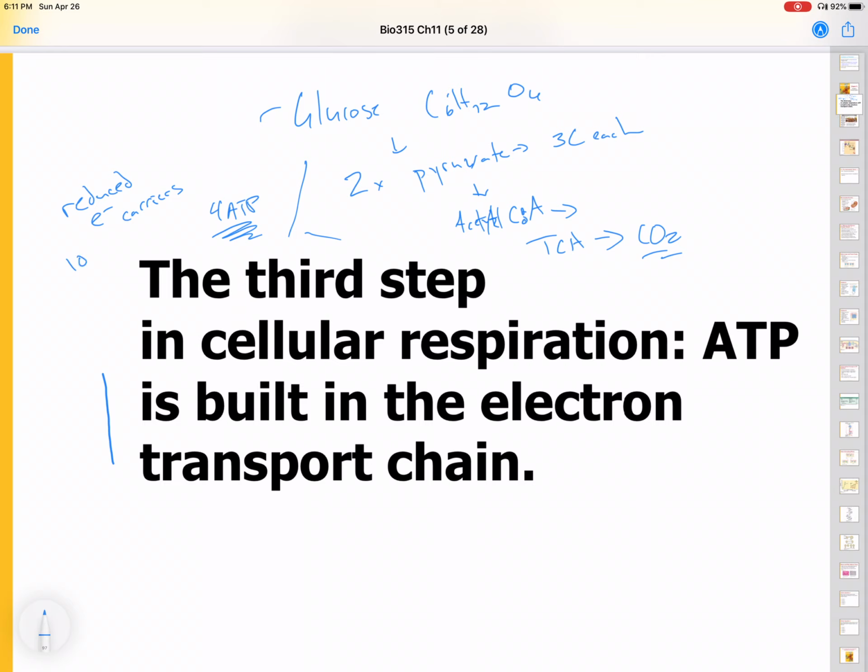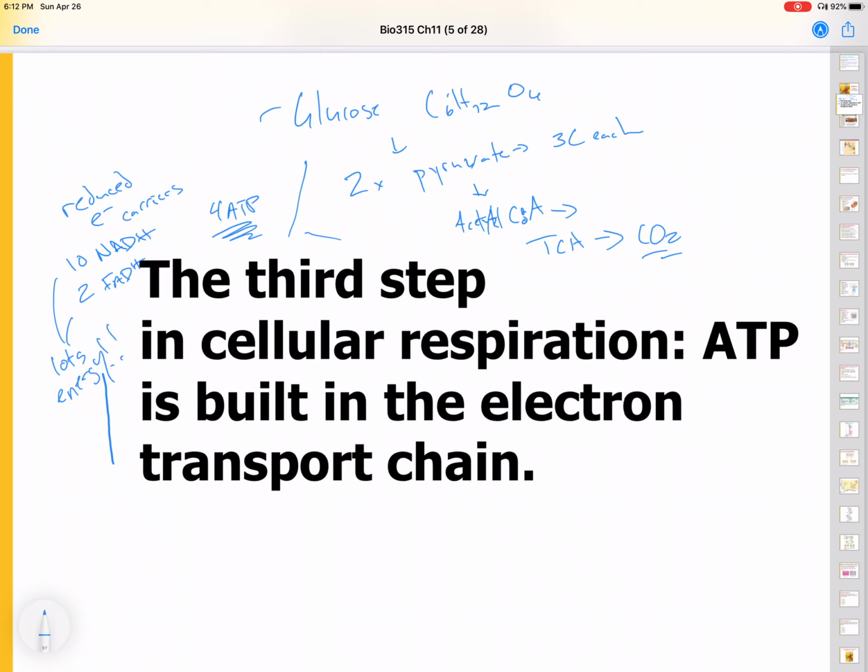I think in total 10 NADH and 2 FADH2. And as I've said numerous times, there's a lot of energy here in these electron carriers. And so now we're going to get at it via oxidative phosphorylation.